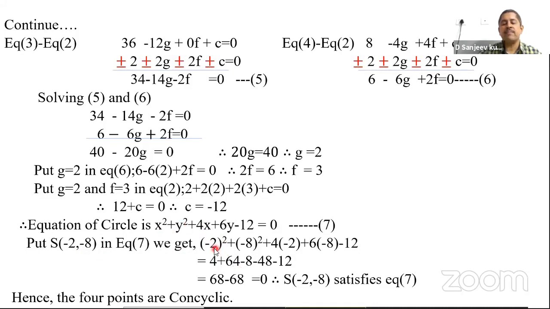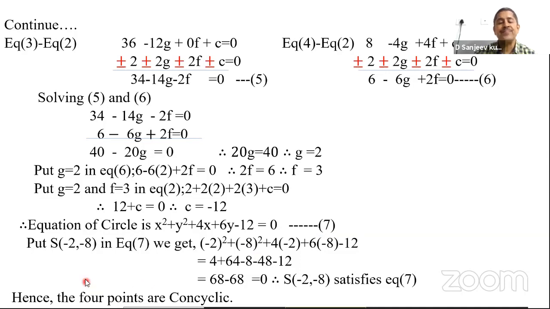Minus 2 whole square plus minus 8 whole square plus 4 into minus 2 plus 6 into minus 8 minus 12. So this is 4, this is 64, minus 8, minus 48, minus 12. So 4 plus 64 is 68, 68 minus 68 is 0. So once you got the value as 0, it means that this point satisfies the equation of circle.